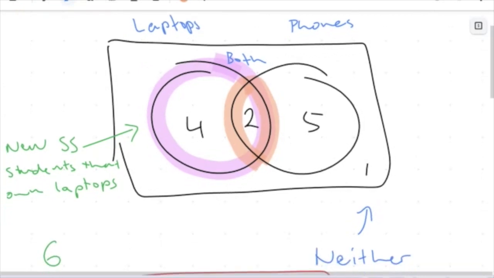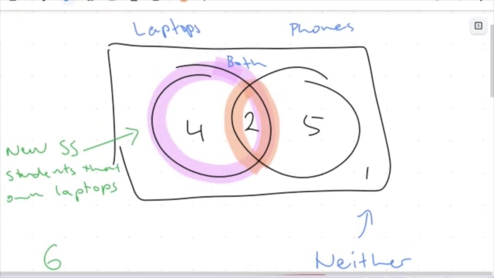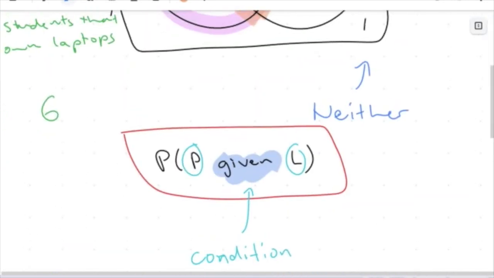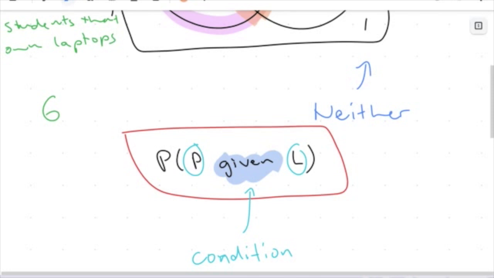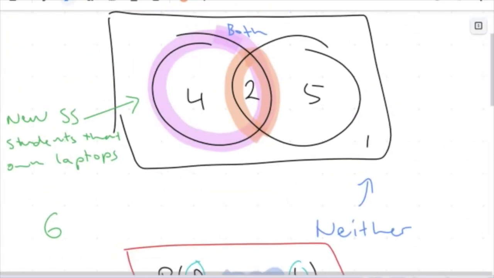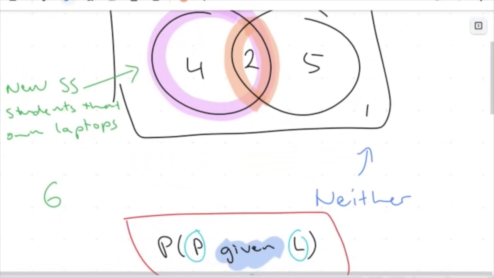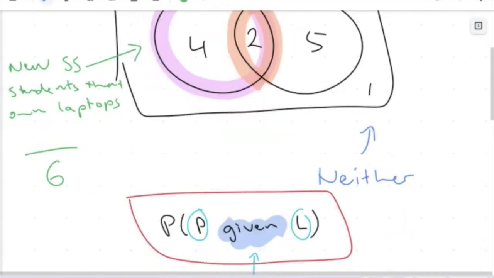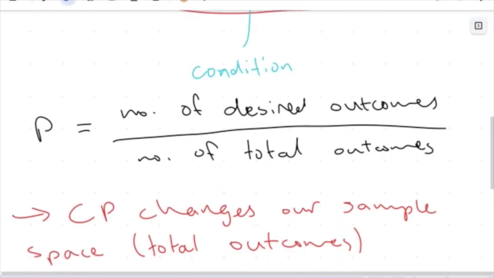So my conditional probability of phones given that they have laptops is going to be, my condition, my given that they have laptops, is going to be 6. So my denominator here, that is my new total number of outcomes.